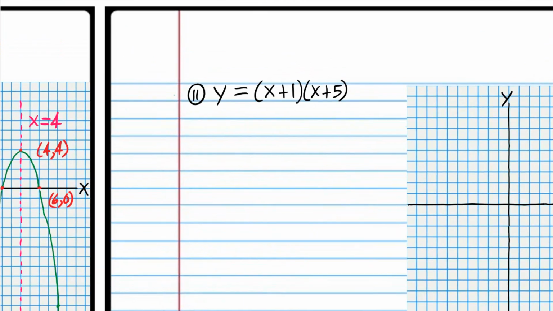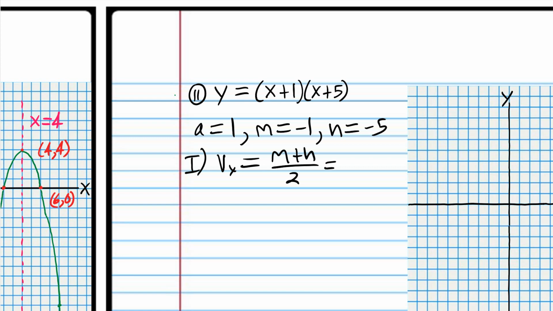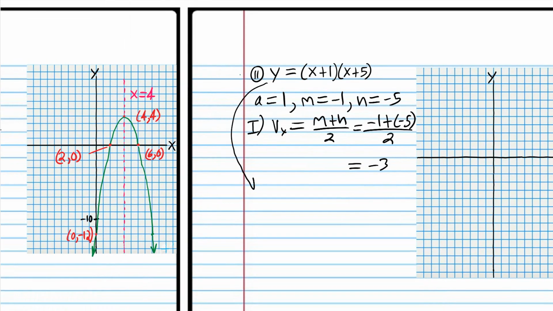All right, we're back. So we're going to start out by writing the constants. And then we're going to find the most important point on a parabola, which is the vertex. And to do that, we're going to use that special formula. And we get -6 divided by 2, which is -3. And to find the y value of the vertex, we just plug in the x value of the vertex, which we just found, to the original equation.